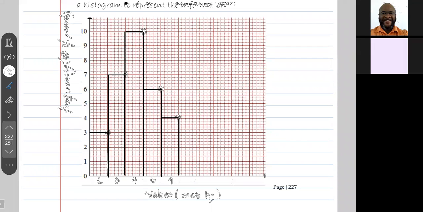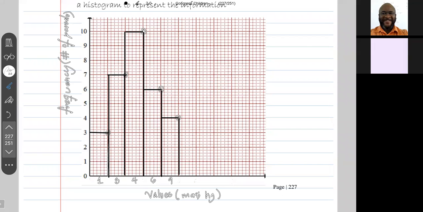Some persons might choose to put in the bar that says 2, the bar that says 5, 7 and 8, and make the height of the bar be 0. But I really wouldn't do it like that. I would do it like this. And so this figure here is called a histogram.